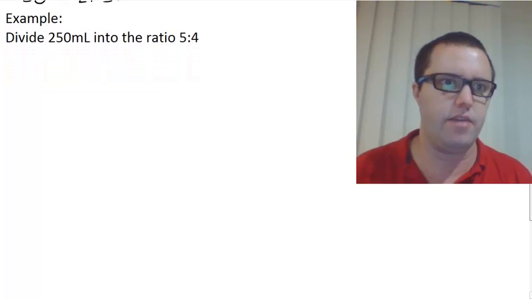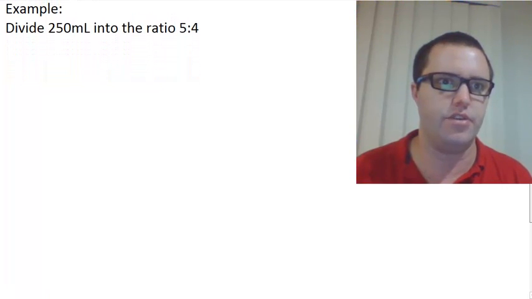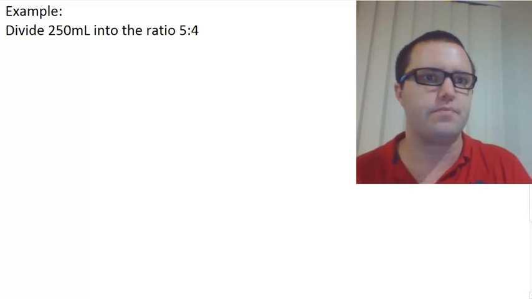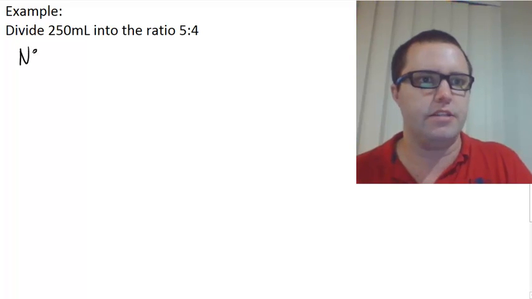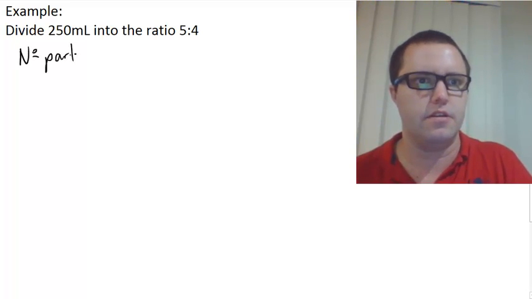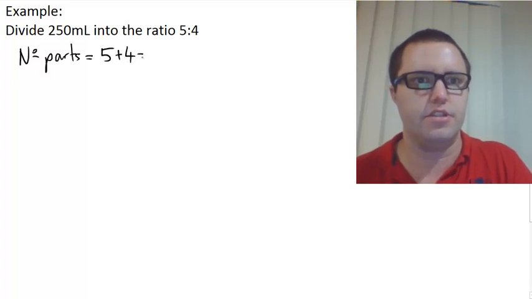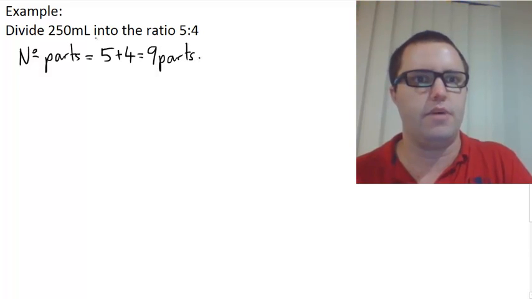Another example is that we divide 250 milliliters into the ratio 5 to 4. So we have first the number of parts equals 5 plus 4, which is 9. Nine parts.